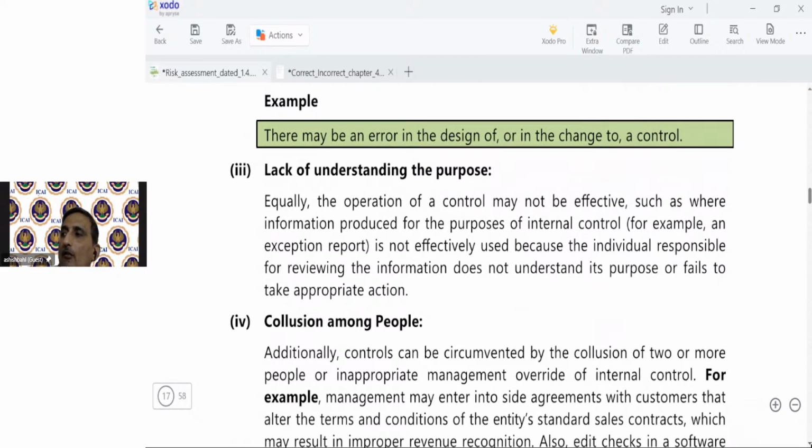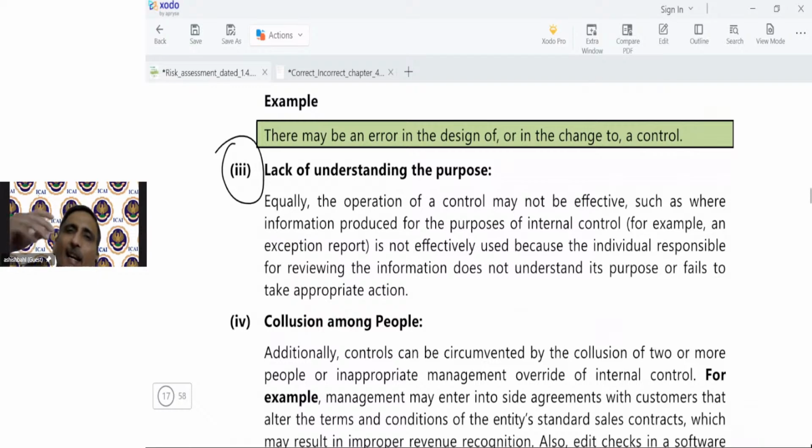What does it mean? Say it might happen that management has devised a control for a particular purpose, but the employees have not understood the purpose, so they are implementing it in their own way.